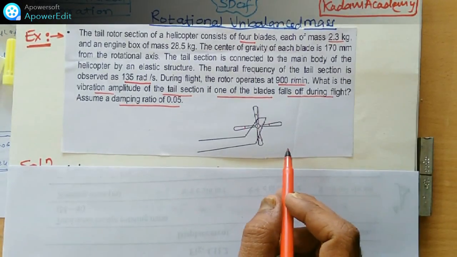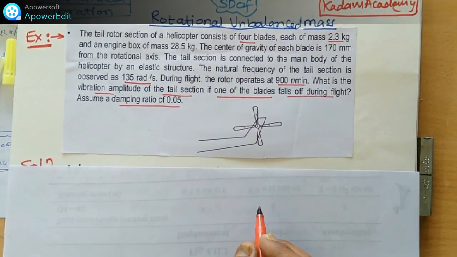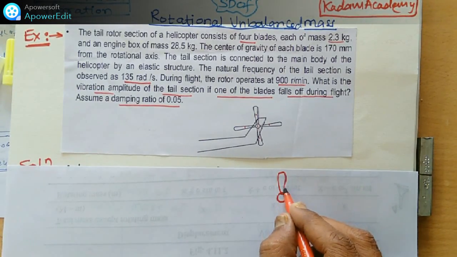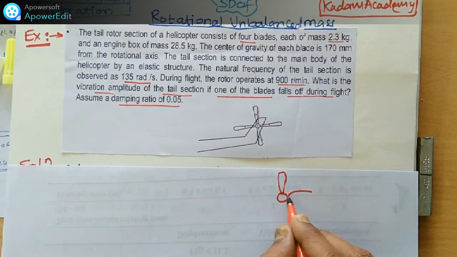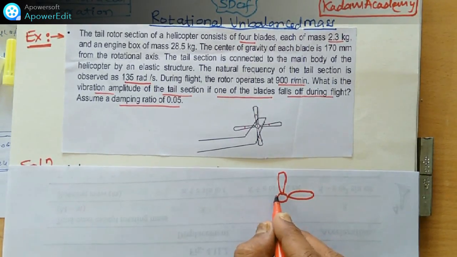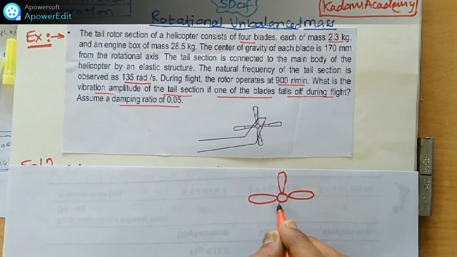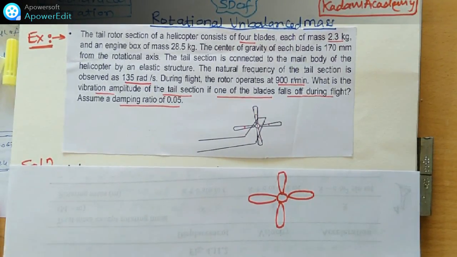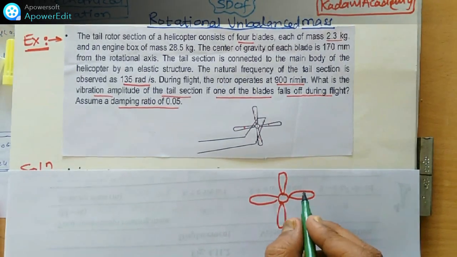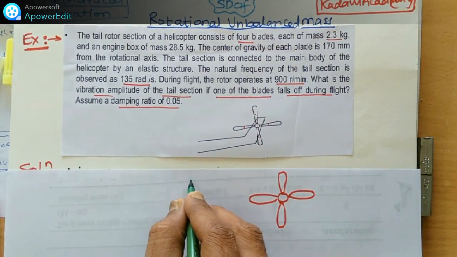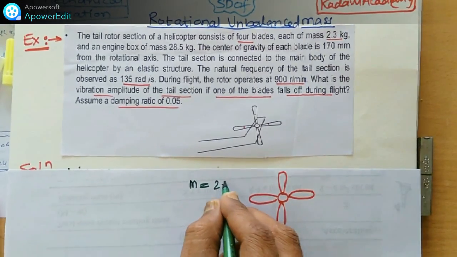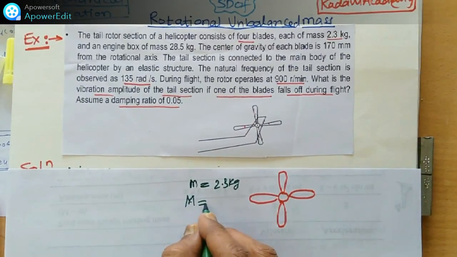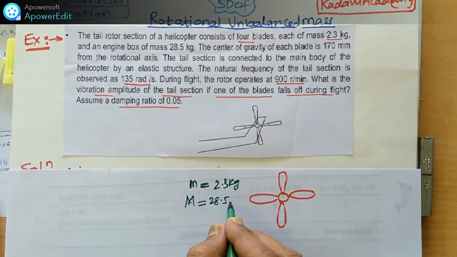What is the numerical? Here is the blade. I will show you by drawing the diagram. This is the rotor with the 4 blades, each having small m of 2.3 kg, and the total engine mass, capital M, is 28.5 kg.